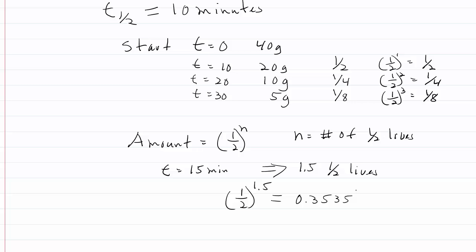Now that doesn't mean 0.3535 grams remains. It means 0.3535 of the original sample remains. So the amount that remains is 14.1 grams. Okay, so there's an example of using the exponent and the number of half-lives. This is a nice friendly example.